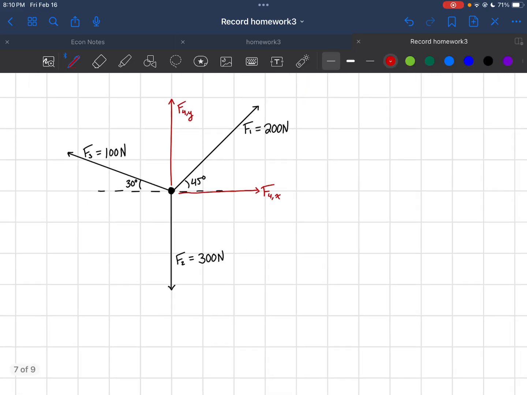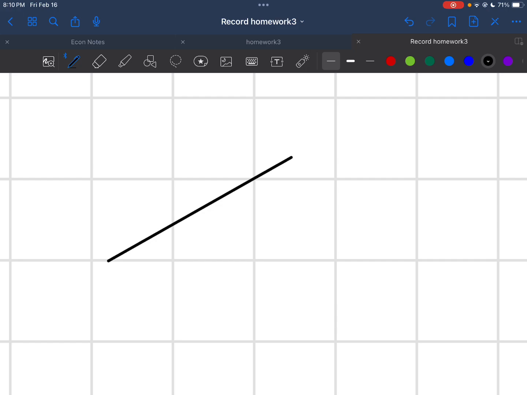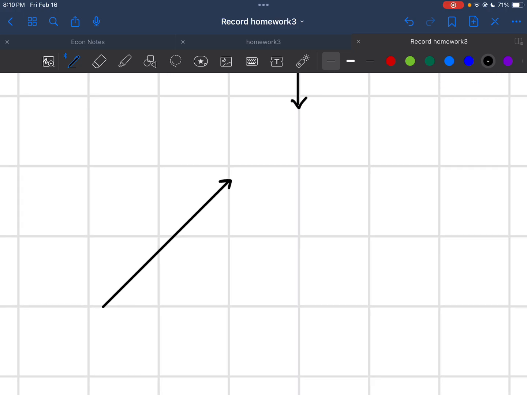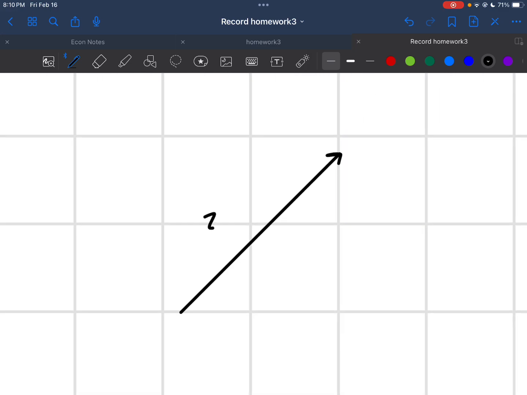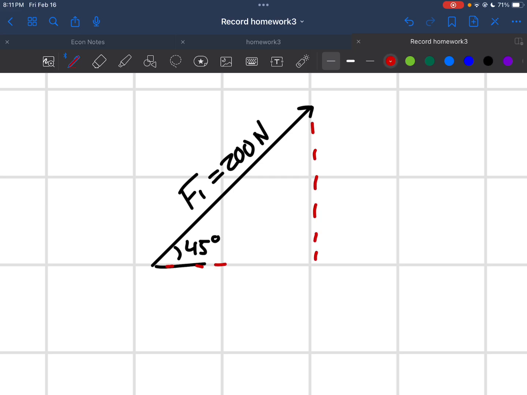So I'm going to start with force 1, put that down here. And force 1 was 200 newtons. F1 equals 200 newtons at an angle 45 degrees. So in this case, drawing our triangle like this.